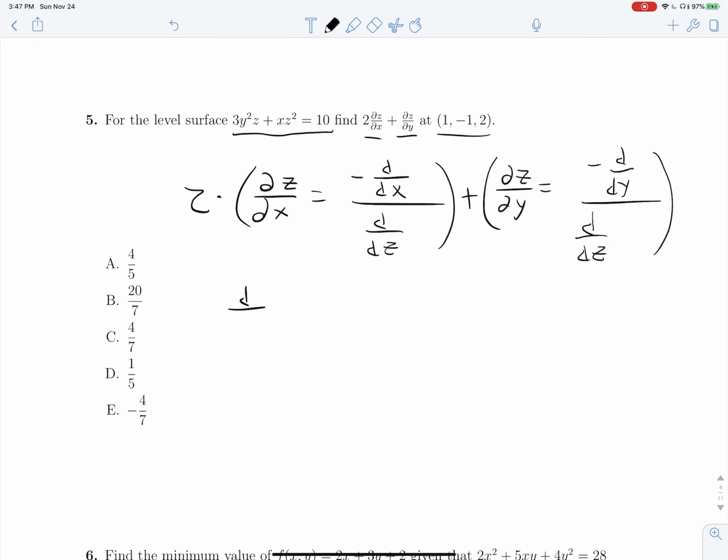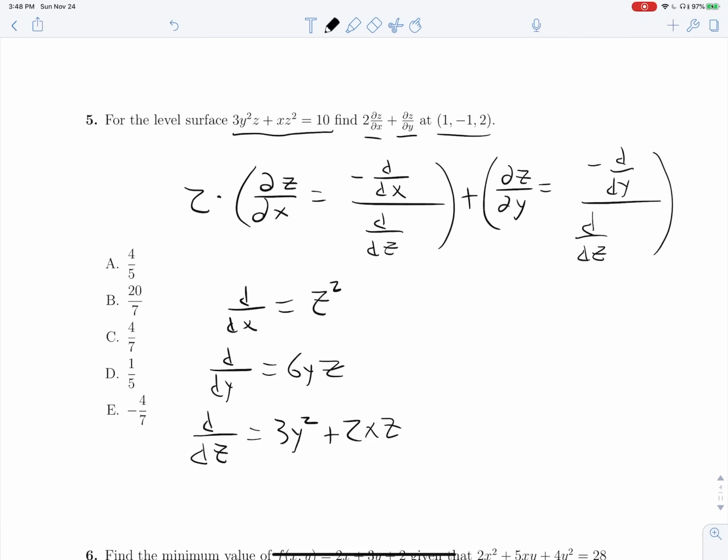Let's find dx, dy, and dz, and then smack everything together at the end. So dx is just going to be z squared. dy is going to be 6yz, and dz, sorry, I said dx, this should be a z. dz is going to be 3y squared plus 2xz.